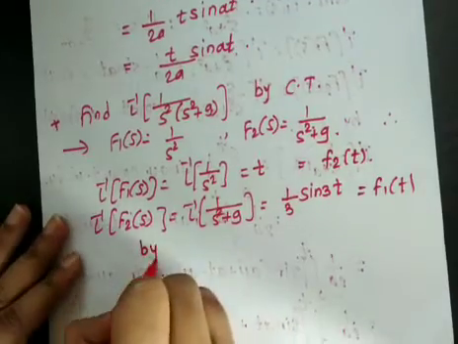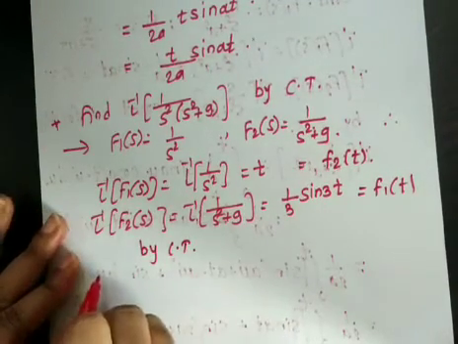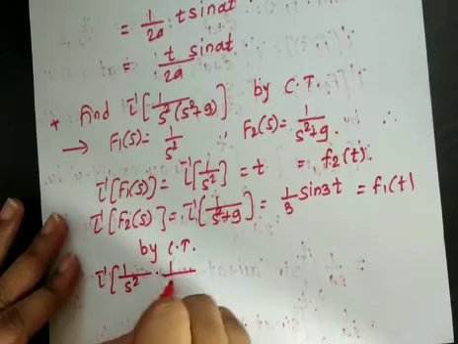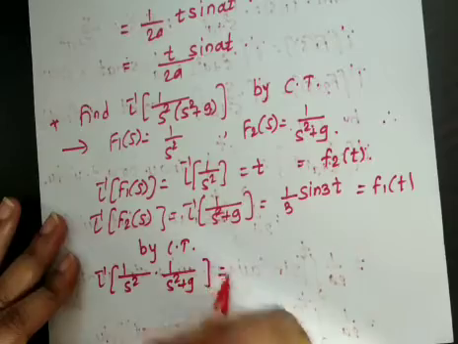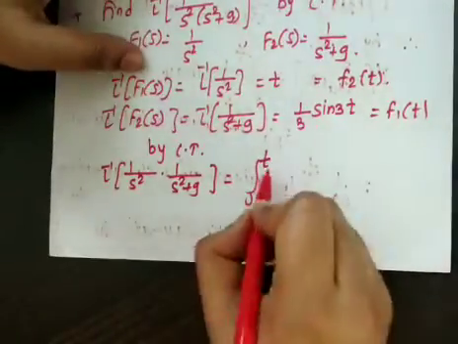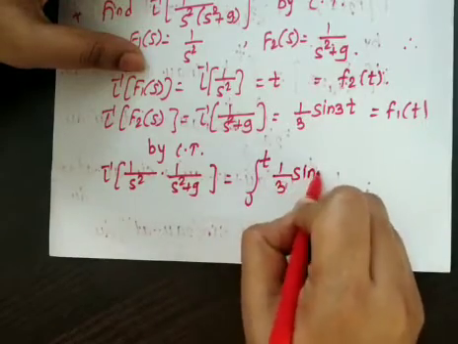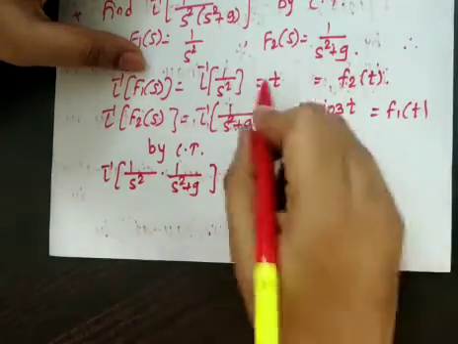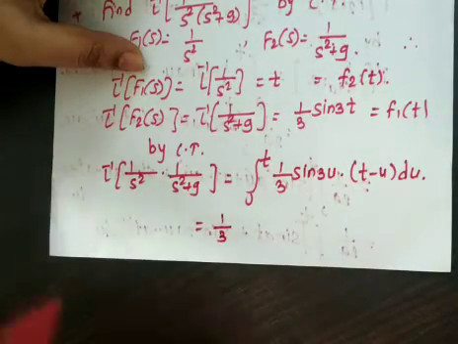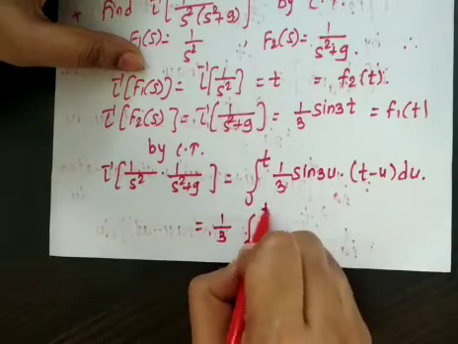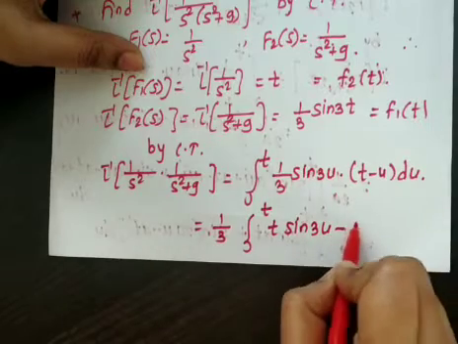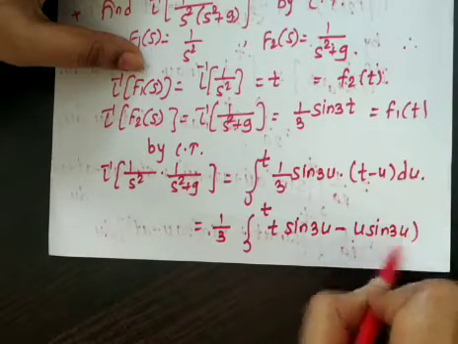So by the convolution theorem, the Laplace inverse of F1(s) into F2(s), that is 1 upon s square into 1 upon s square plus 9, is equal to integration 0 to t f1(u), that is 1 upon 3 sin 3u, into f2(t minus u), that is t minus u, du. That is 1 upon 3 outside as constant, integration 0 to t, we'll open it, t sin 3u minus u sin 3u du.